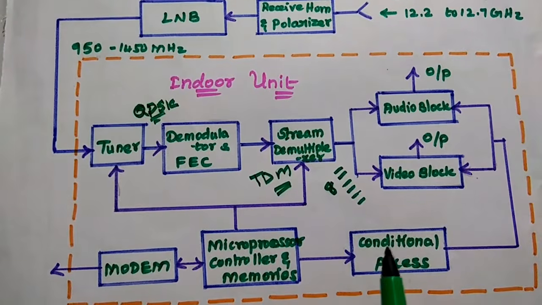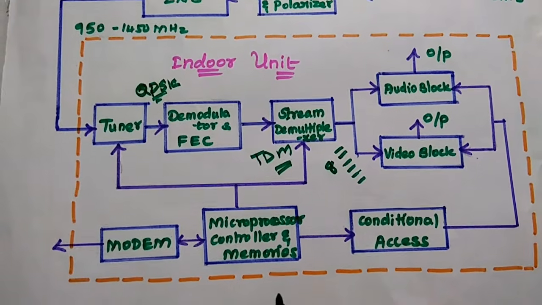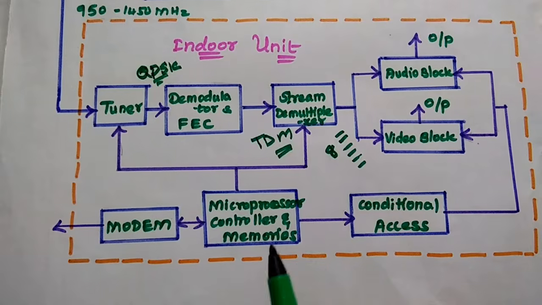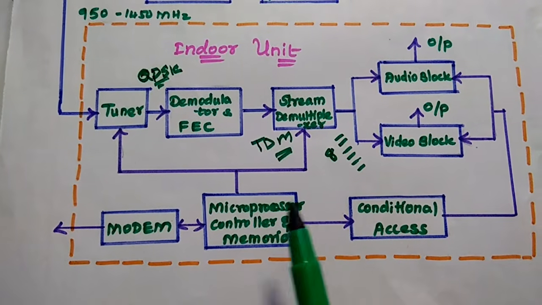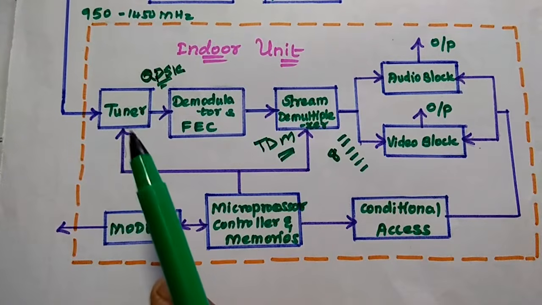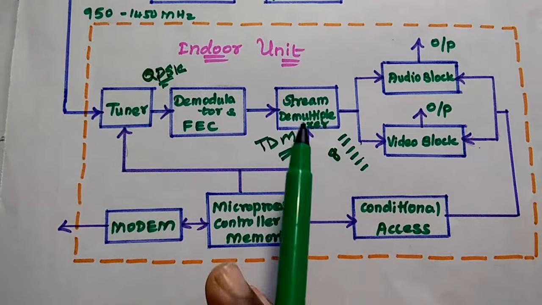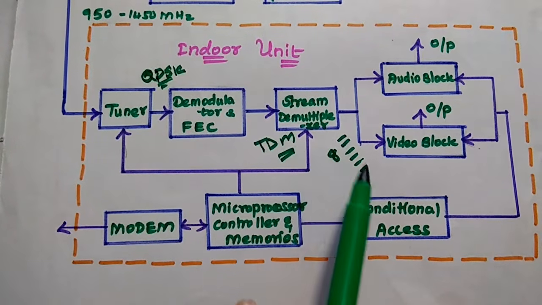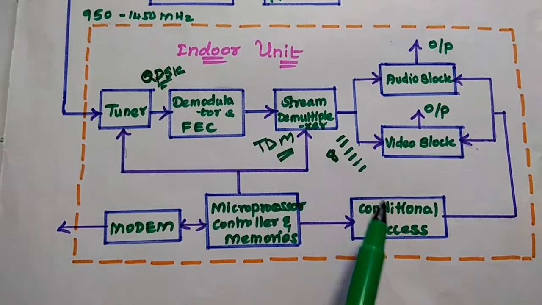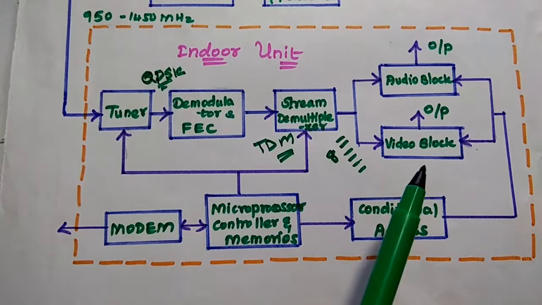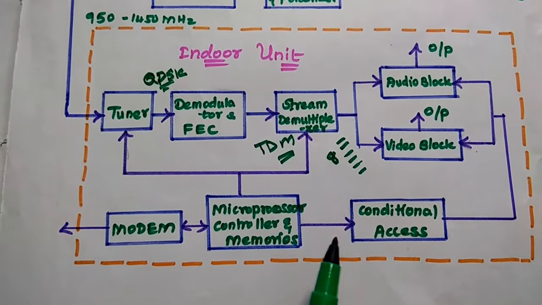This can be controlled by the microprocessor and controller in the indoor unit, which controls the tuner to select the particular transponder, and the stream demultiplexer to demultiplex the TDM signal into the proper range, and then controls all the access through this. Do you all understand this one?